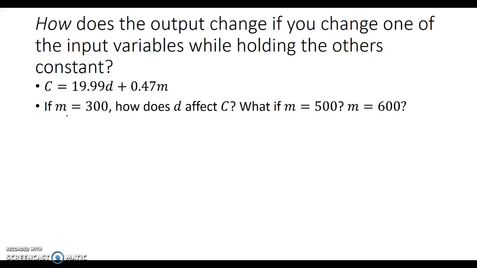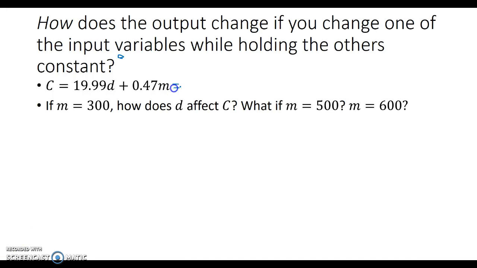Okay, well, if m is equal to 300, and we write our function as we have in the past, then this function can be rewritten as c of d comma m.